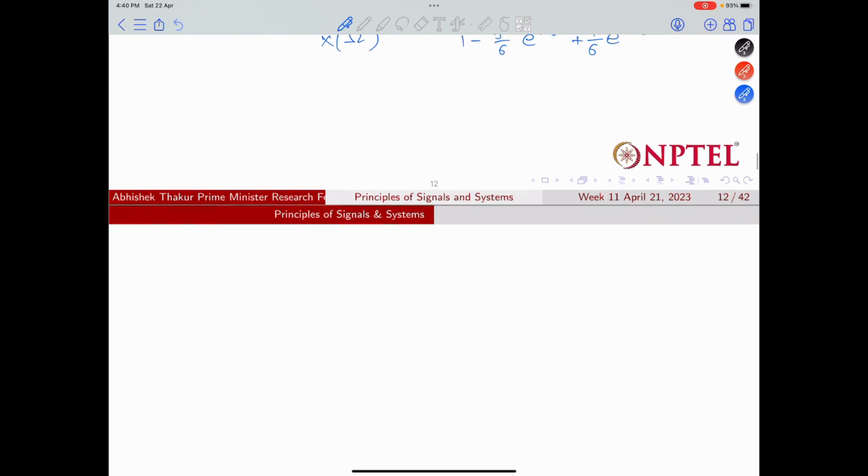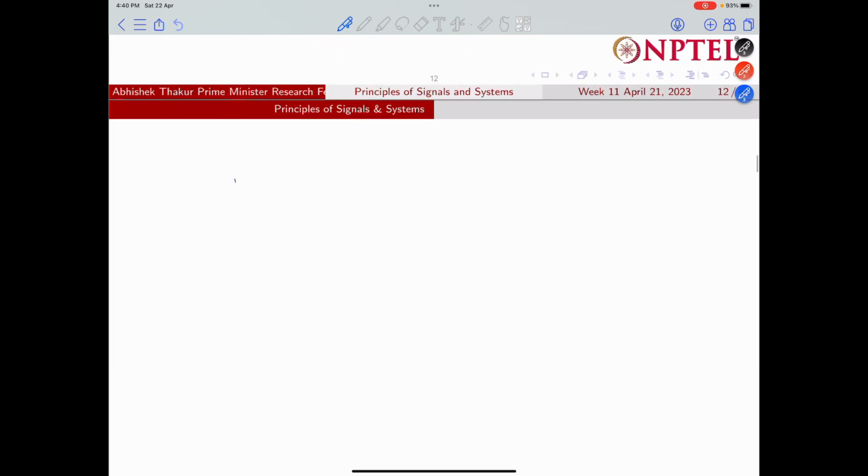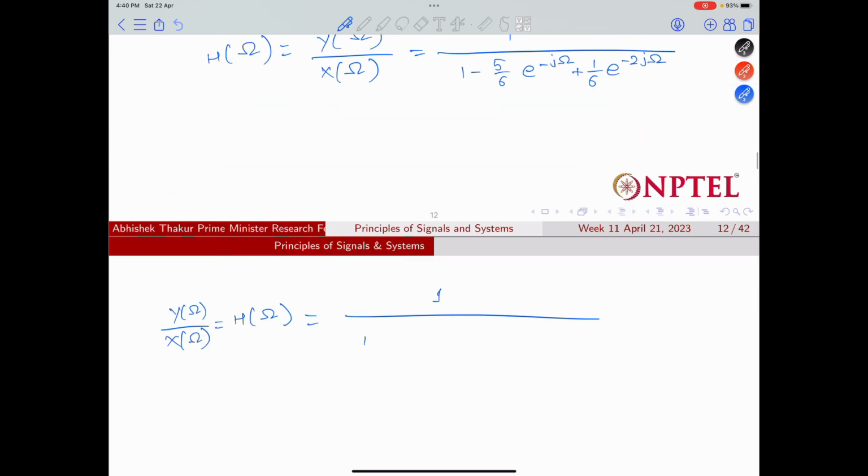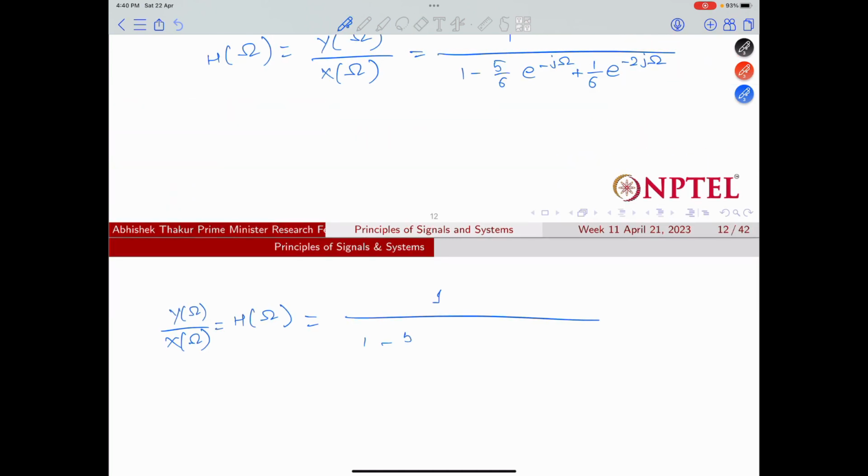So H of omega is equal to Y of omega by X of omega, equal to 1 by 1 minus 5/6 e to the power of minus j omega plus 1/6 e to the power of minus 2j omega.